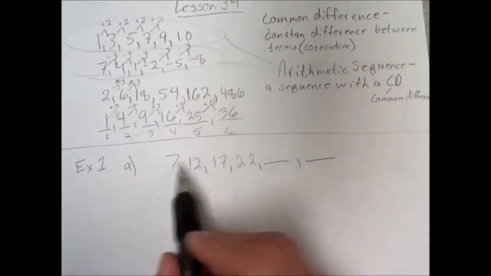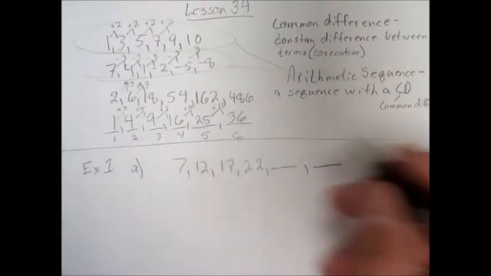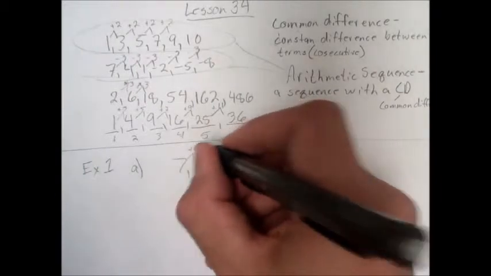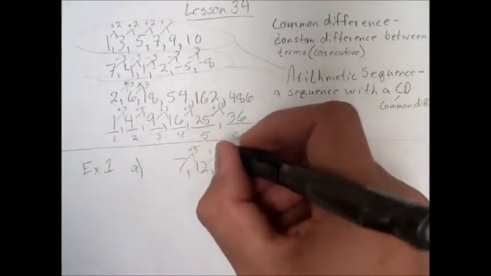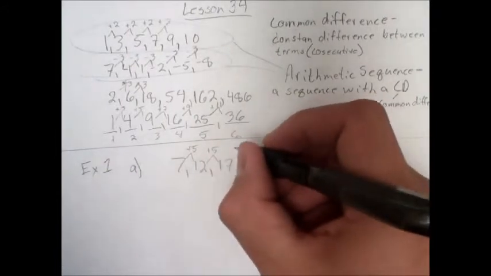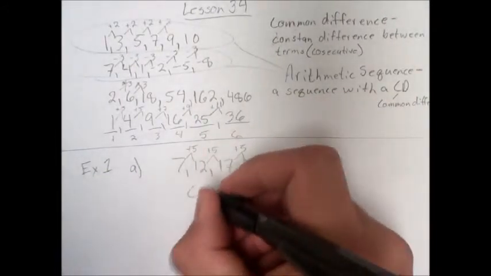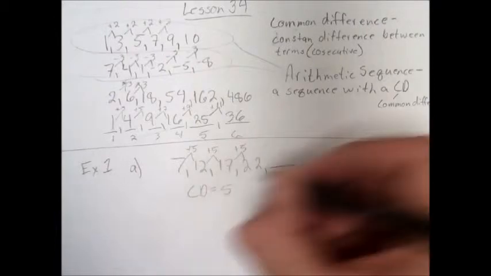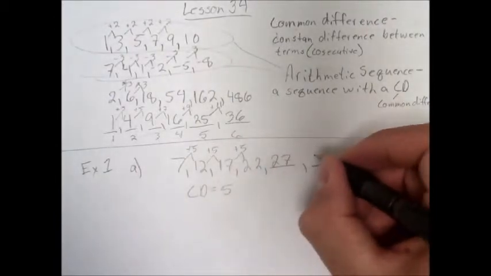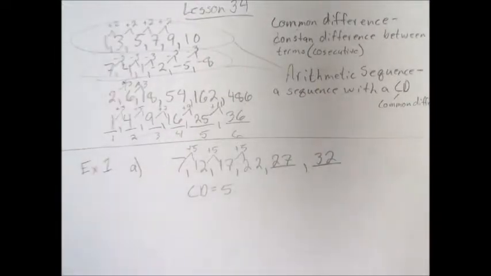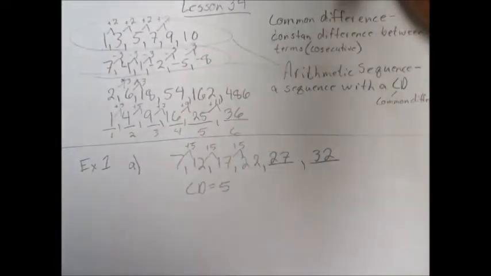What is the difference between the first and the second one? 5, so it's adding 5, right? Next 2, is it 5 again? So does it have a common difference? So what is our common difference? Common difference is 5. Good. So the next term is going to be, and then 32. Good. Okay, any questions there?